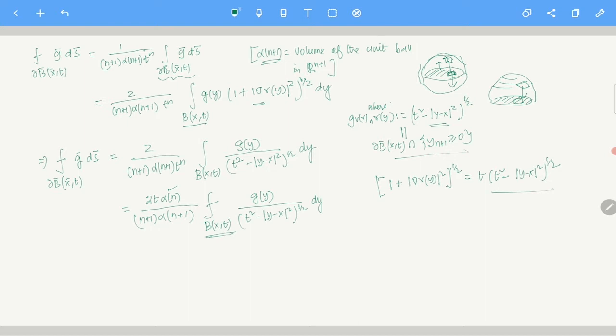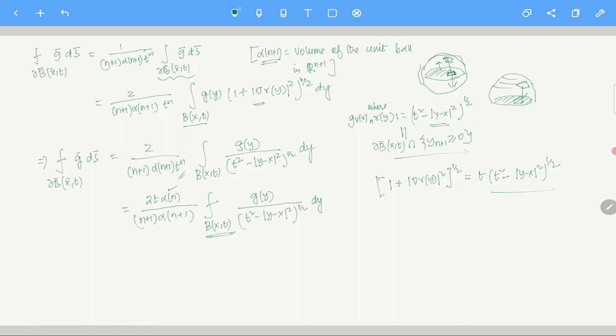Now I think I missed a t somewhere, no? I think this t should be here, no? No, that's fine. So this t is not there. There is a t here, but that will get accommodated with t power n, so that is why t power n minus 1 is gone.